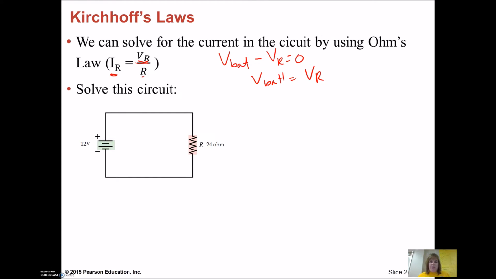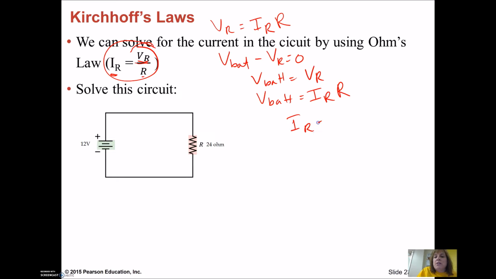If I rearrange this, the voltage of the resistor is equal to the current through the resistor, which is going to be the same as the current coming out of the battery because there's one loop, times the resistance of the resistor. So that means that V_BAT is equal to the current times the resistance of the resistor.